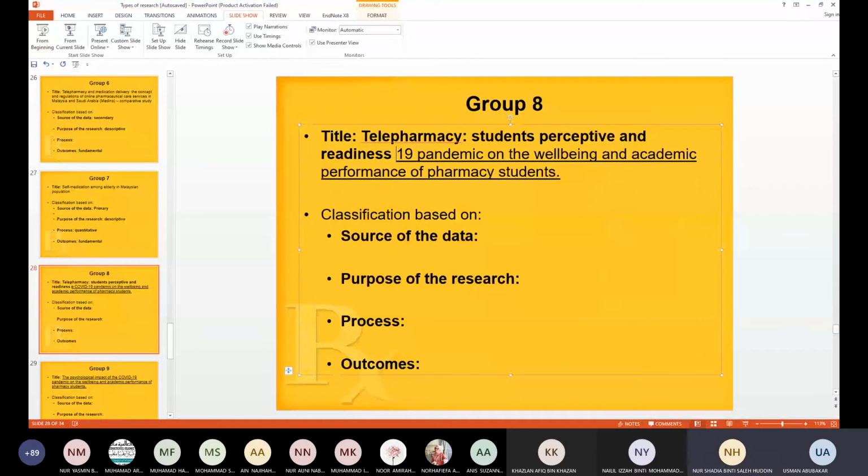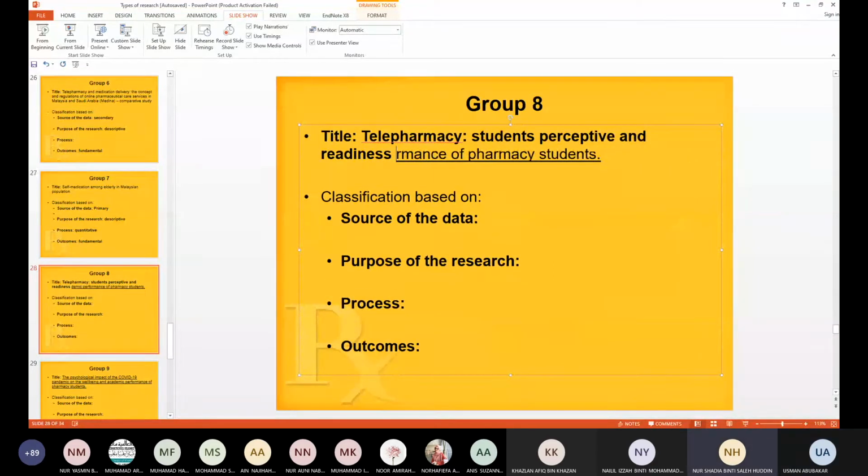Can you classify this? The sources are primary sources. Good. The purpose, descriptive research. The process, mixed method.